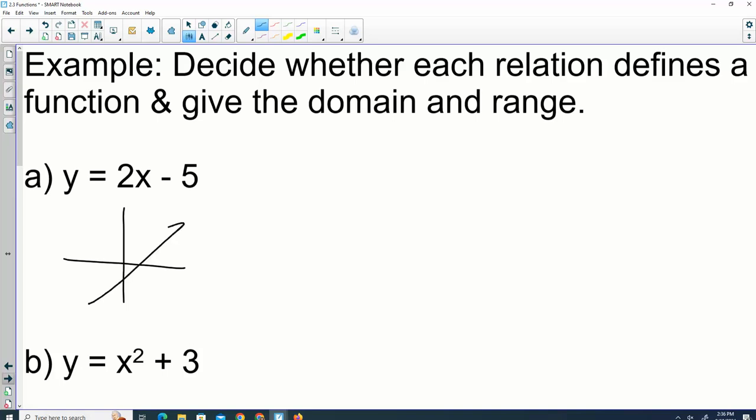Line, y-intercept -5, slope of 2. So is that a function? What's the domain? What's the range?